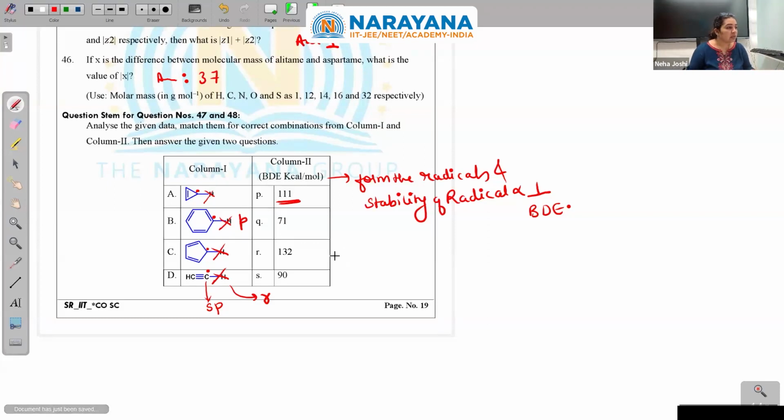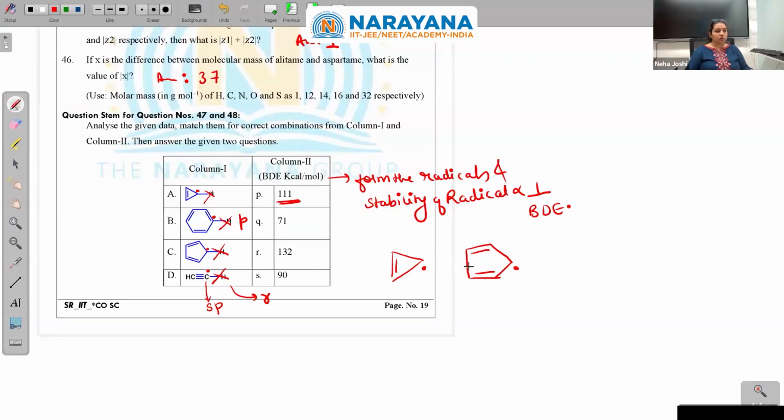So S is having, D is having 132. B is having the value 111. Now comes A and C. Between A and C, both are like this, and yes, it is a part of an sp2 cloud, but comparatively, it is a resonating cloud.